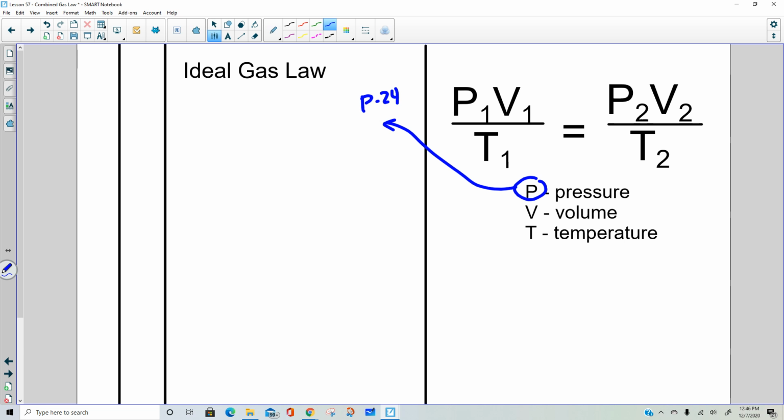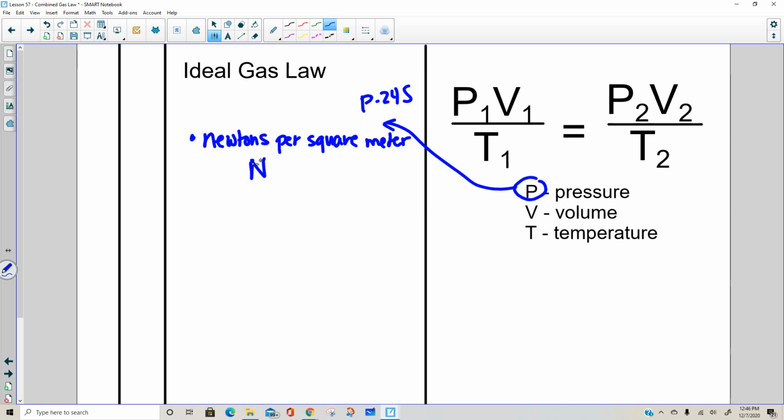So on page 245, right about in the center, it tells us the pressure units. Probably the most common one is going to be something called newtons per square meter. And that's going to be abbreviated by newtons as a capital N.